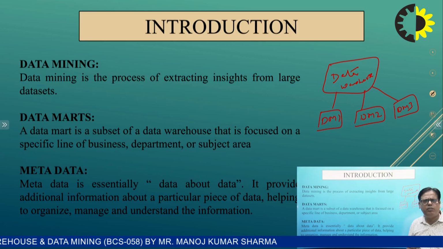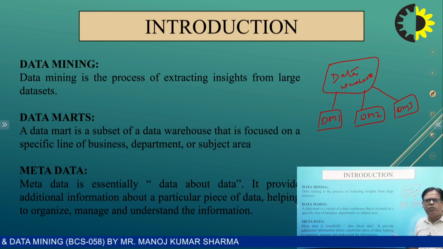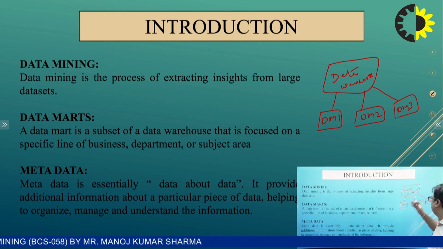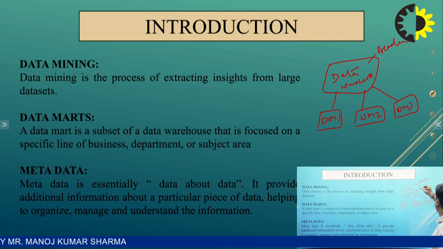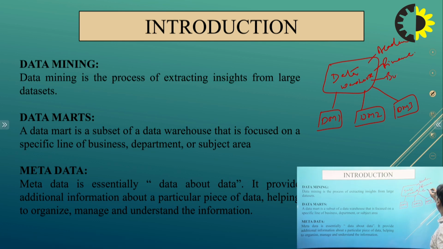Data warehouse is a collection of huge scale of data. There is so much data embedded in the data warehouse, like academic, like finance, like business, and all the data are stored in the data warehouse.